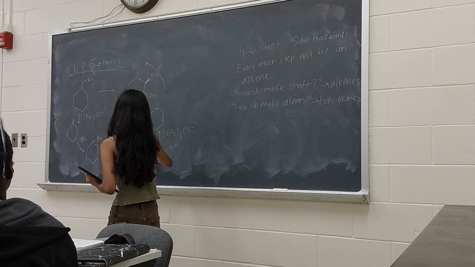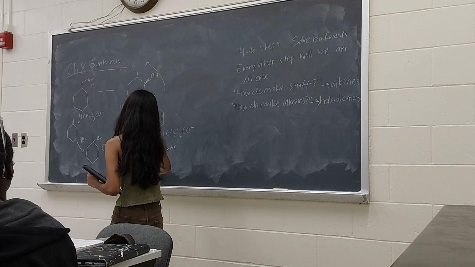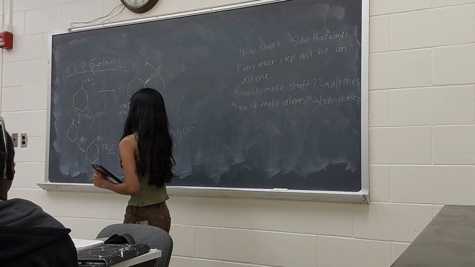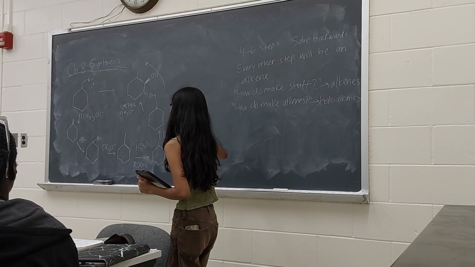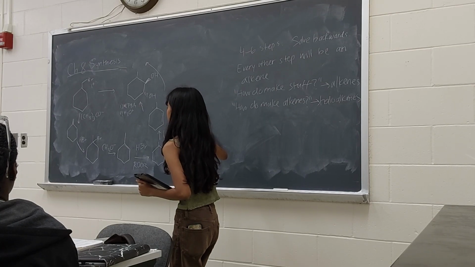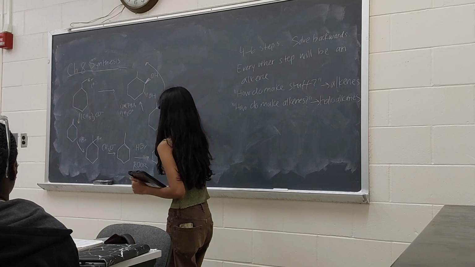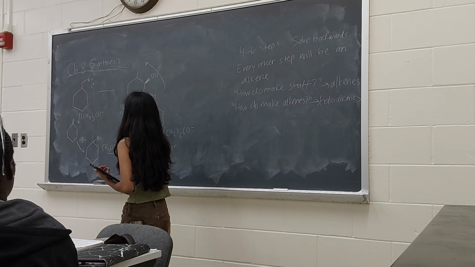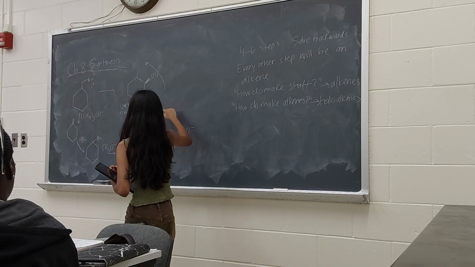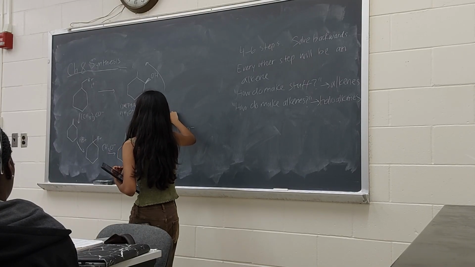And then adding HBr with ROOR will be anti-Markovnikov addition of bromine. And then bulky base alkene addition Hoffman. And then finally MCPBA will do anti-addition of 2 OHs across the double bond.